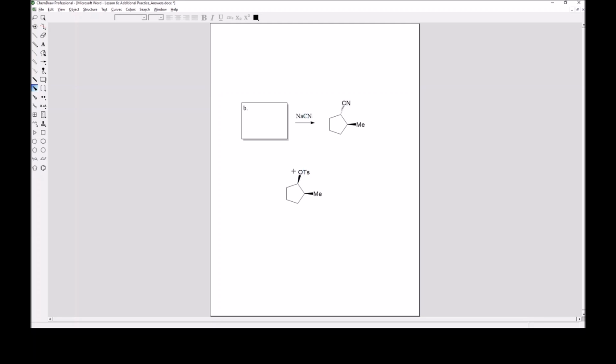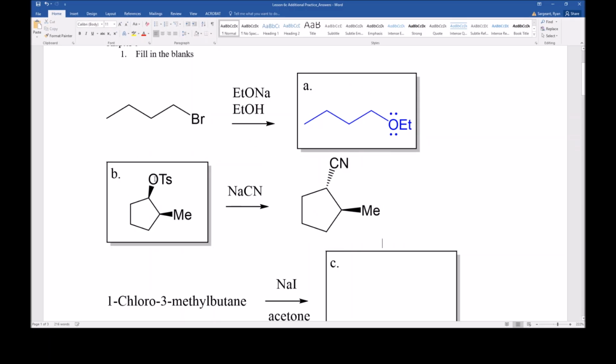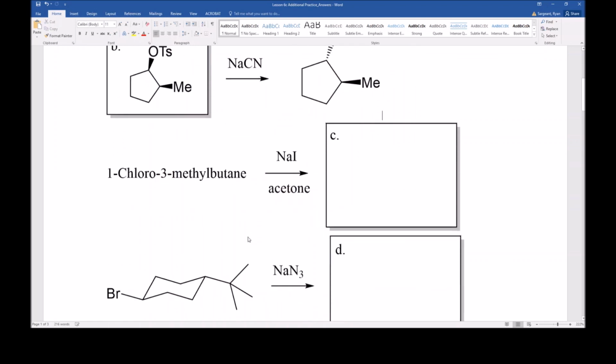And when the cyanide comes along and does the Sn2 attack, on the backside it inverts the stereocenter. So this right here is one of the answers to letter B. Again, you could have used a bromine, a chlorine, or an iodide there and been equally correct.